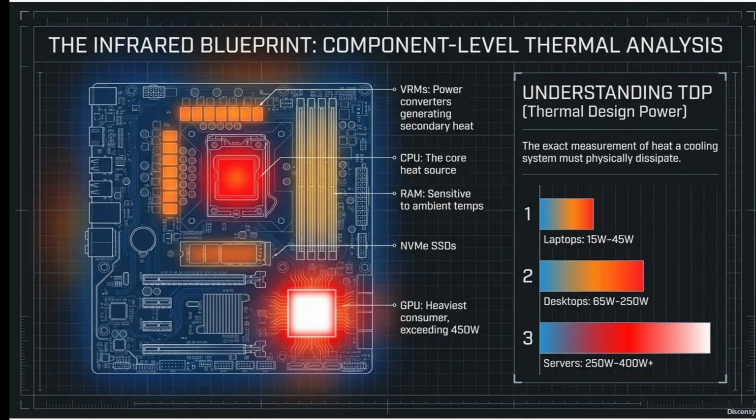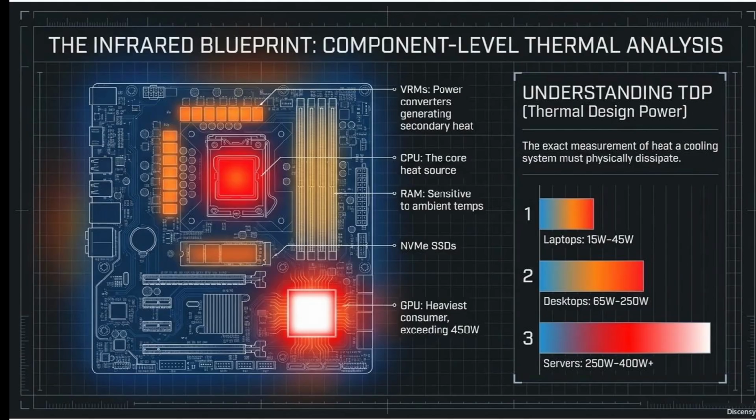The CPU is the core heat source, because the CPU is running almost all the time, as it is the central processing unit which takes care of almost all the executions. Next are NVMe SSDs, the memory units. They also generate heat. The one which generates the most heat, which can even exceed 450 watts, is the GPU, the graphics processing unit.